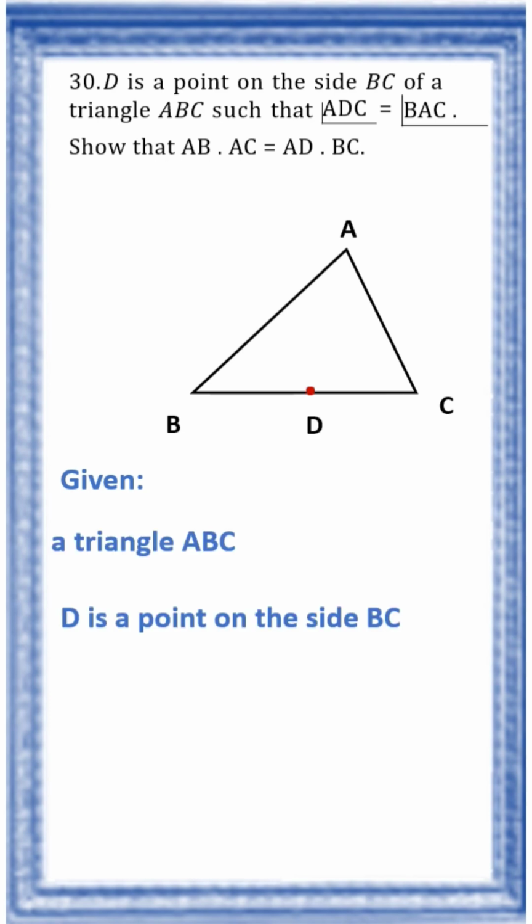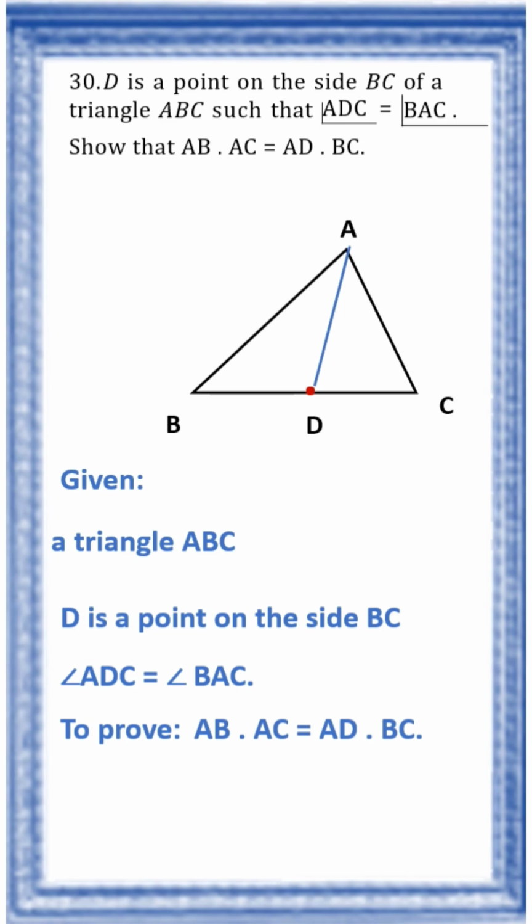Look at the figure also. Angle ADC is equal to angle BAC. So this angle and this angle are equal. To prove AB into AC is equal to AD into BC.